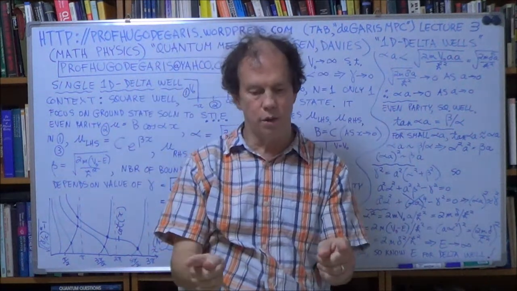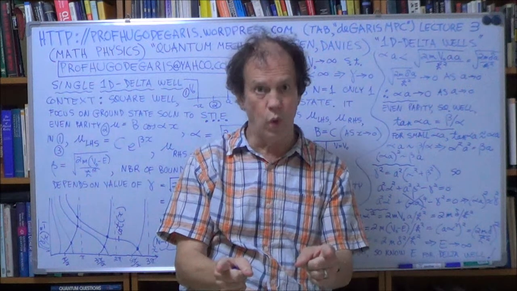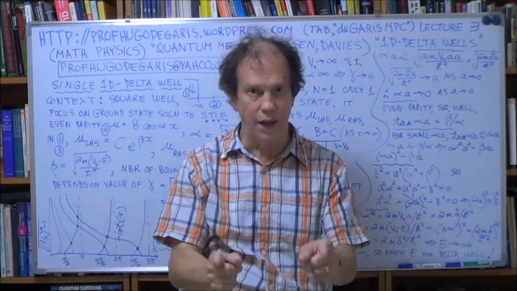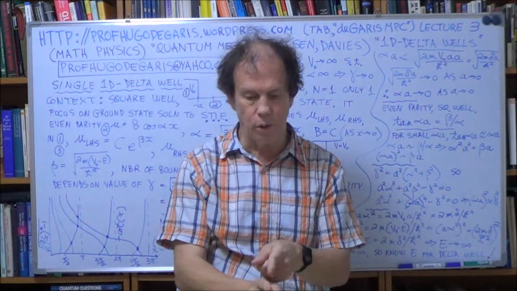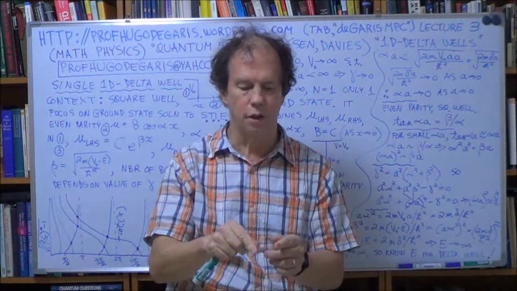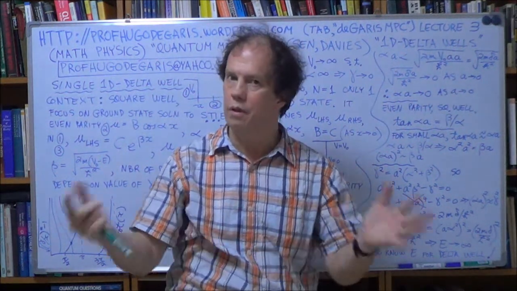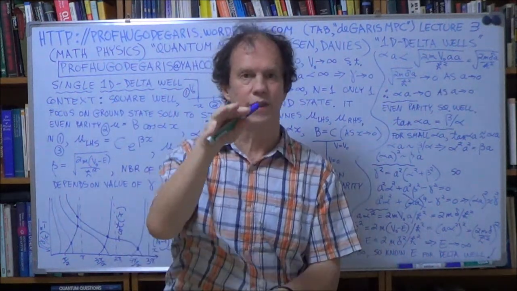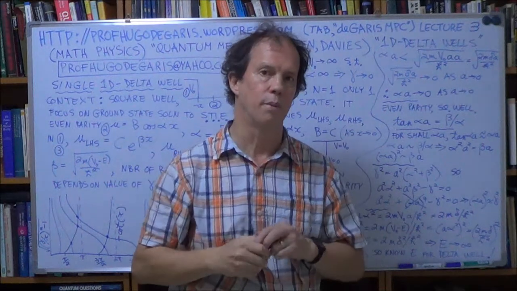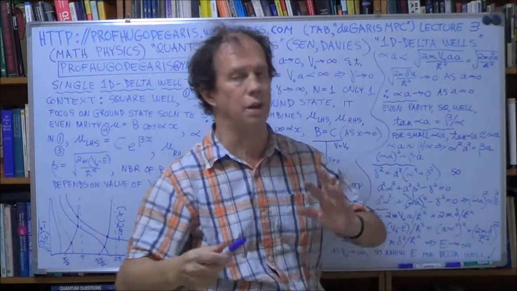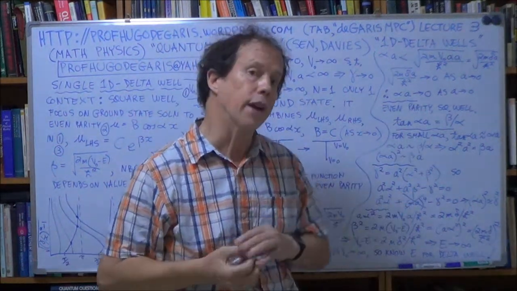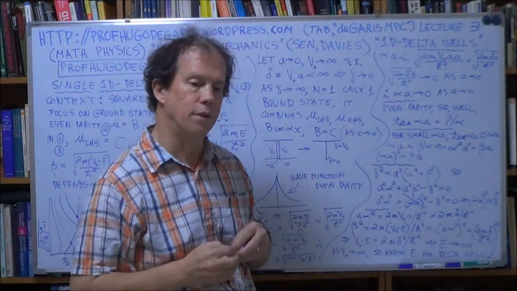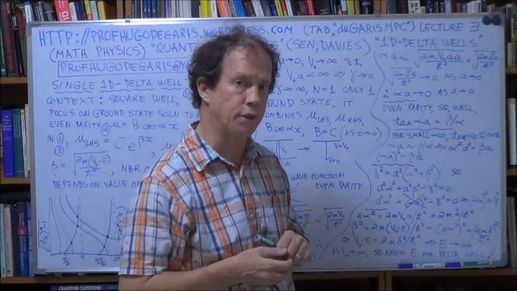And at the same time, you're making the width of your well, your A, smaller and smaller, such that the product of A and V naught remains finite. Right? So in that sense, this well becomes a kind of delta well because it has the properties of a delta function, a la Dirac. It's similar to Dirac's delta function.